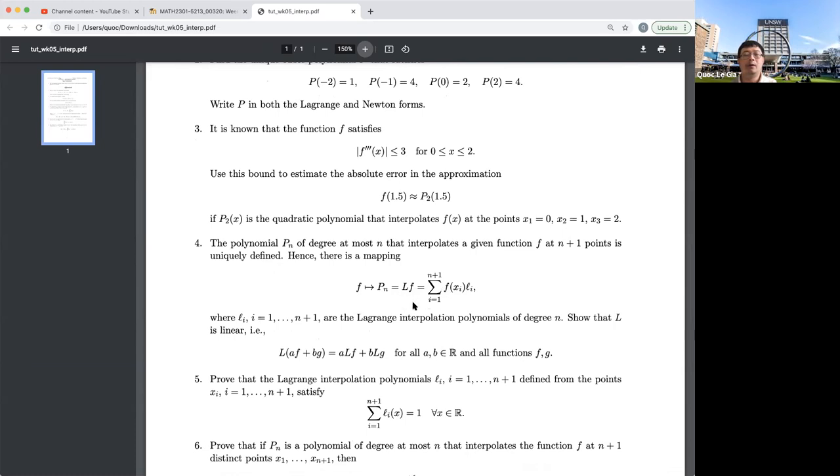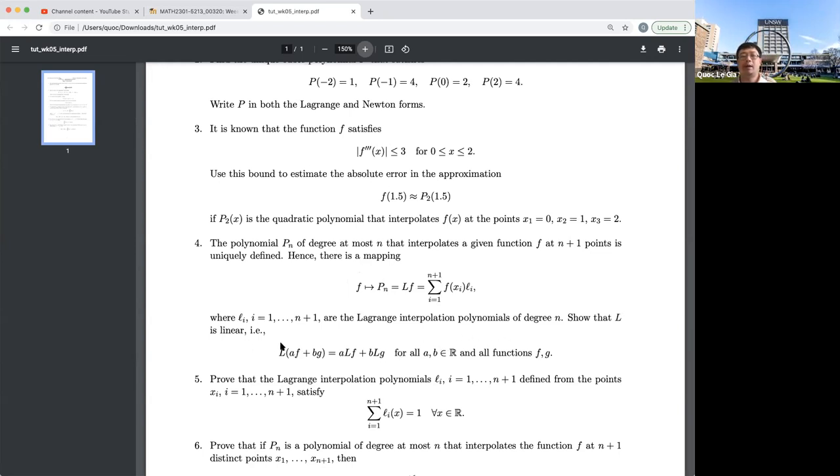So we can understand this like a map. We can understand like, you take a function f and you map it to a polynomial Pn equal Lf. And Lf can be given by this formula. Okay. So the Li are just the Lagrange interpolation polynomials.